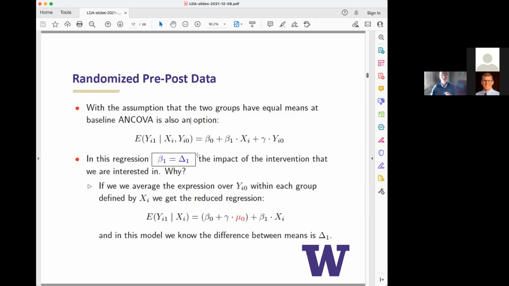So this ANCOVA model induces a relationship for the difference in the means across treatment group, where in fact it doesn't modify the coefficient of beta 1 by the assumption of randomization, implying if beta 1 in this post-comparison model is the thing we cared about and was delta 1, then so is it, sort of by reverse engineering, in this ANCOVA model.